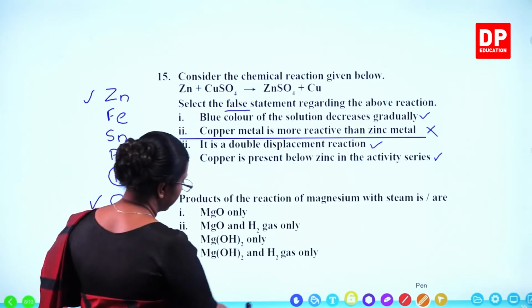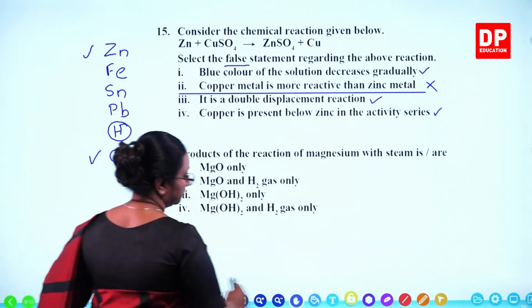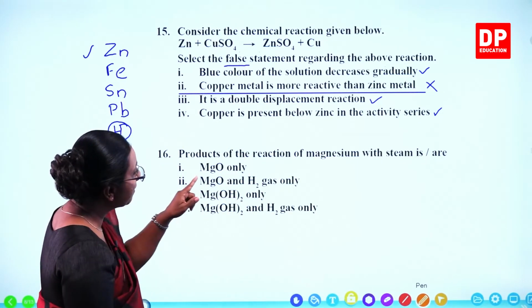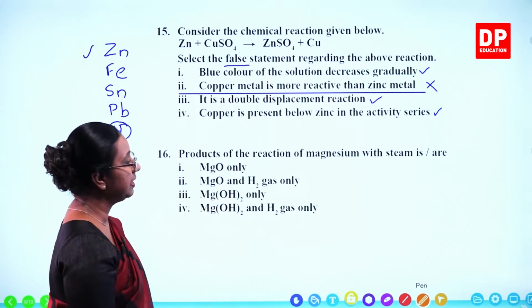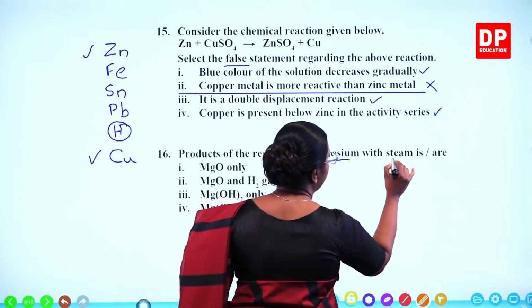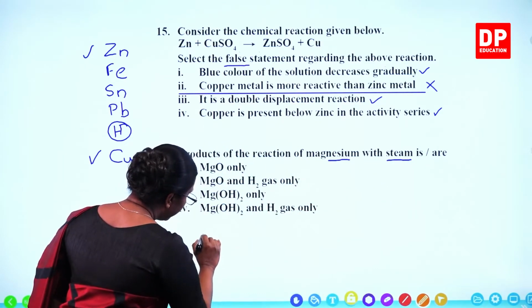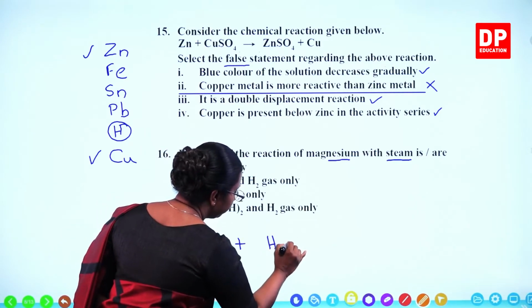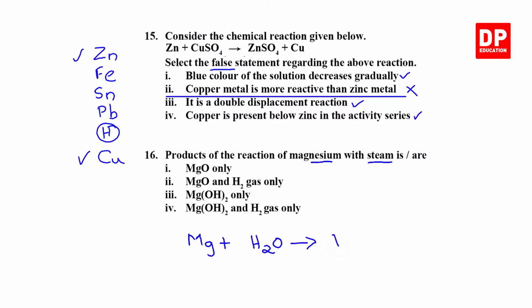So look at question number 16. Products of the reaction of magnesium with steam is or are. So here, magnesium and steam. Can you all recall the reaction? Magnesium with steam gives rise to magnesium oxide and evolves hydrogen gas.